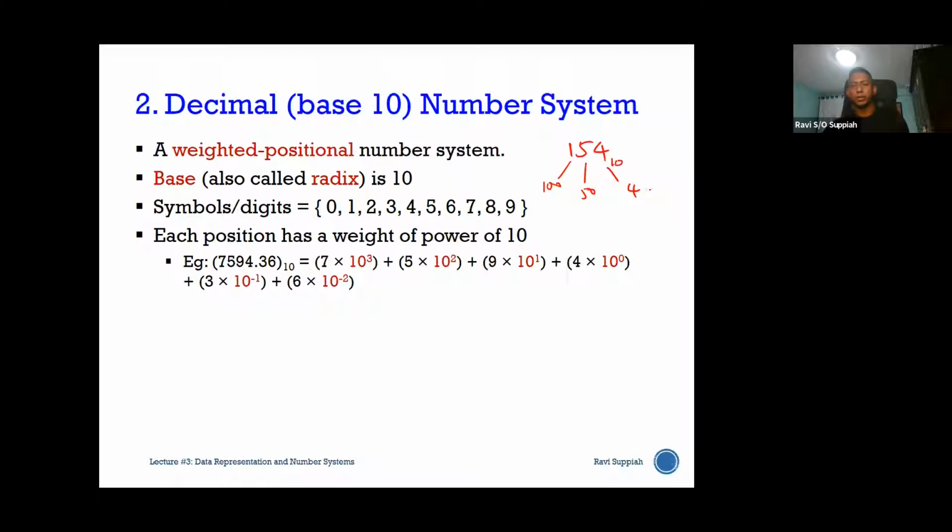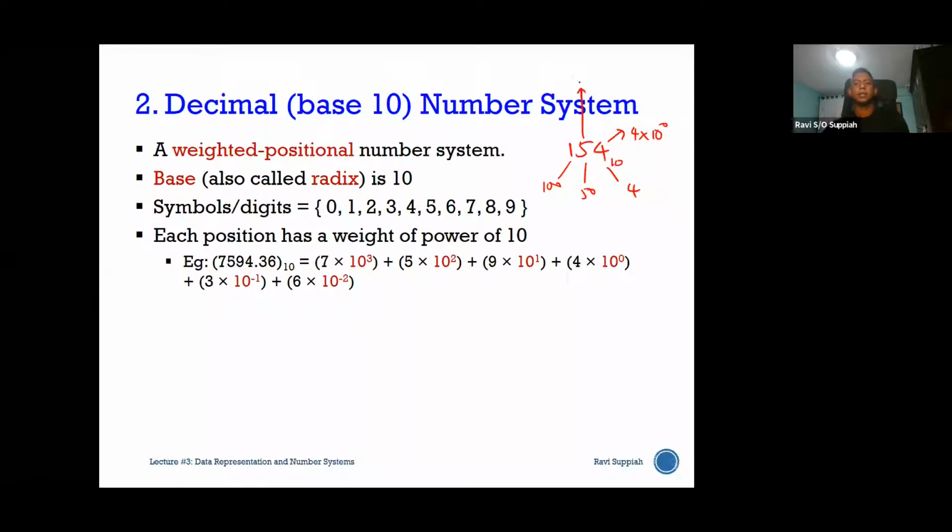Okay, in our normal day-to-day life. All right. So in a base 10 system, basically what we are saying is each number is multiplied by a particular weight that is associated with the value 10. The first weight is always 0. So this number is 4 multiplied by 10 to the power of 0.